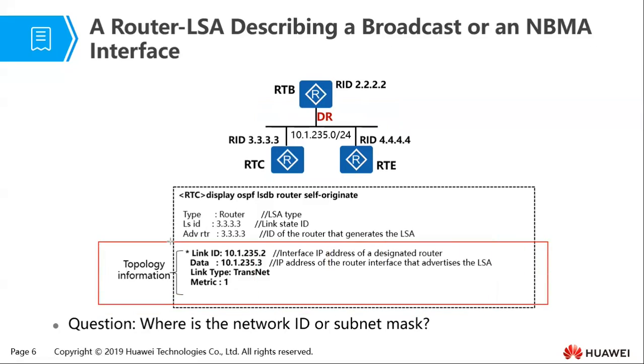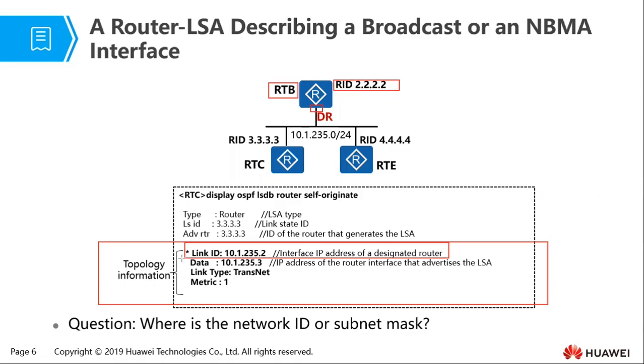So let's decipher the topology information here. The link ID is the interface IP address of the DR. So RTB with a router ID of 2.2.2 is our DR. So the link ID in a Router-LSA in broadcast is the address of that particular interface.